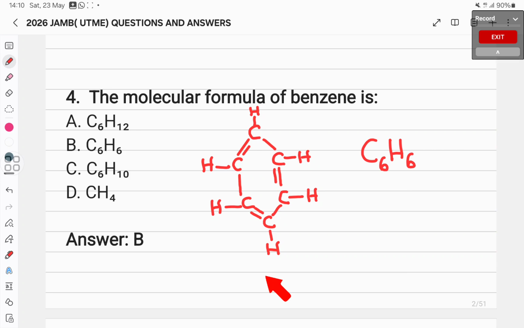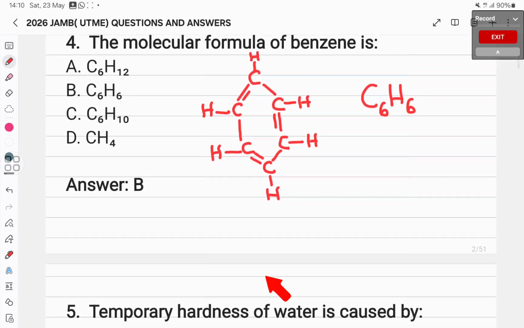So all aromatic compounds are cyclic in nature. They are cyclic hydrocarbons, and they are also highly unsaturated. Benzene is an aromatic, cyclic, and highly unsaturated hydrocarbon. The answer is B.